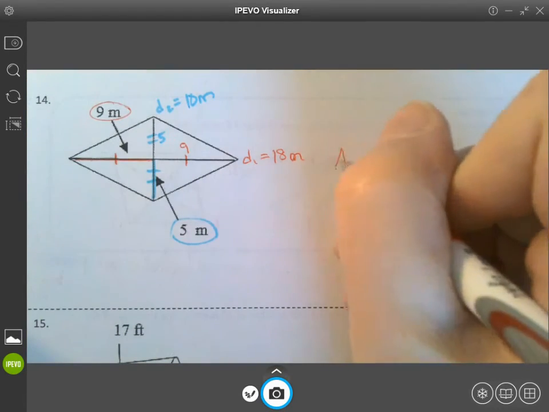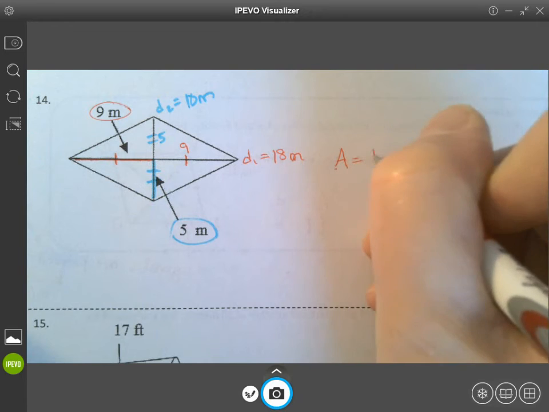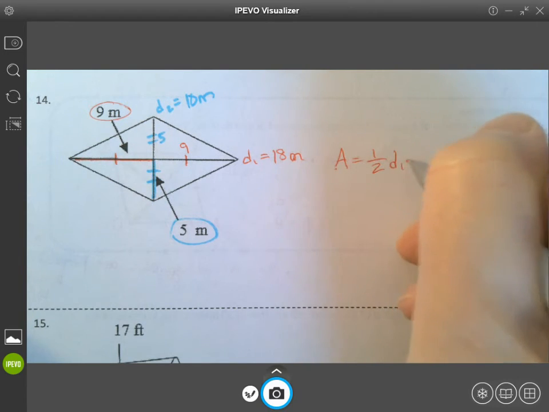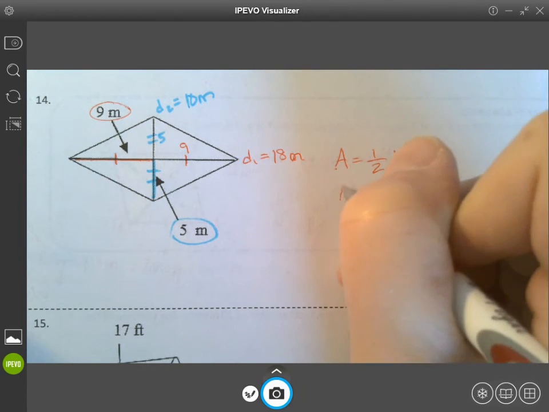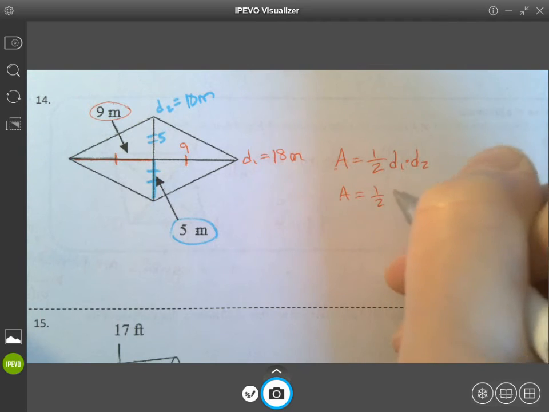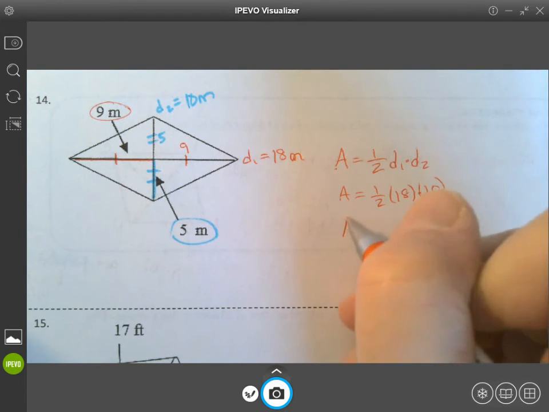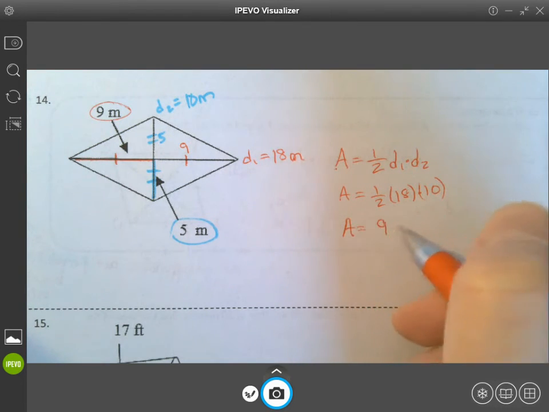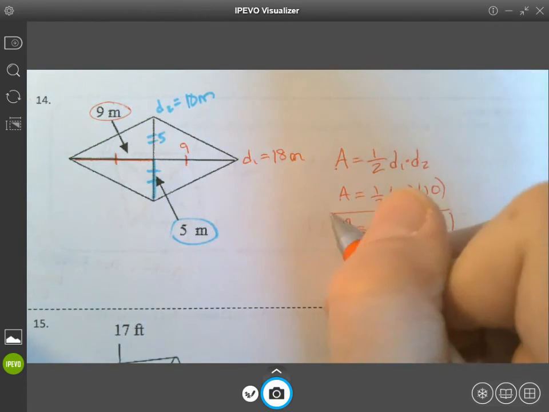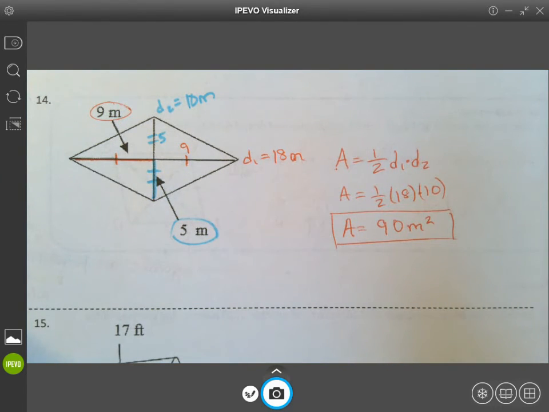So what's my area of a kite or a rhombus? 1/2 D1 times D2. So the area is 1/2 of 18 times 10, which should be 90 meters squared. So it wasn't so bad, was it?